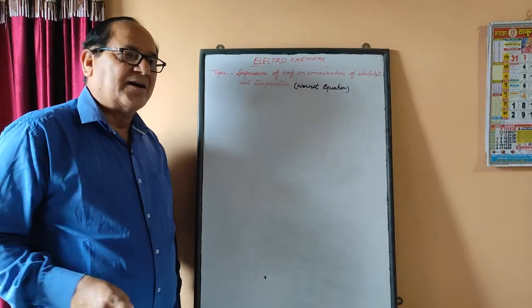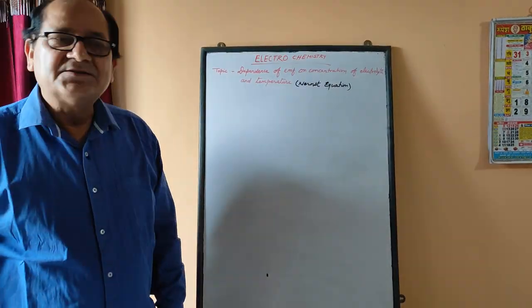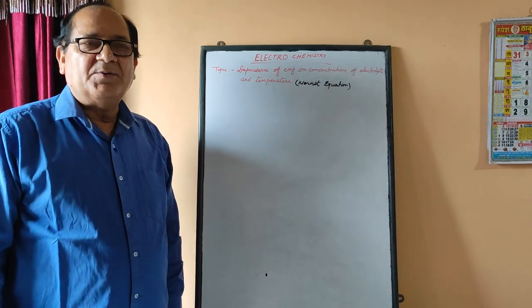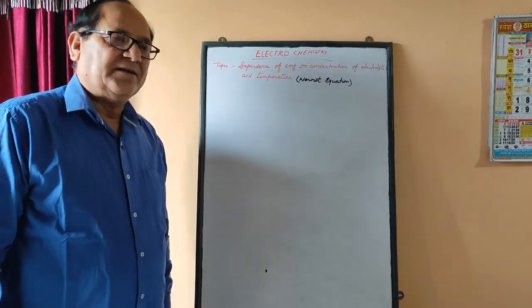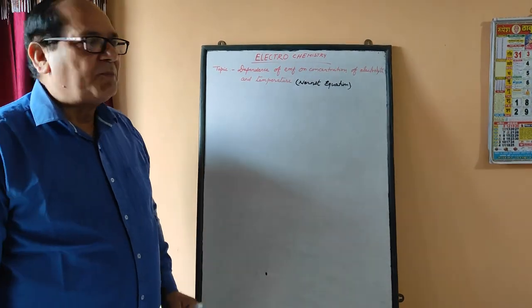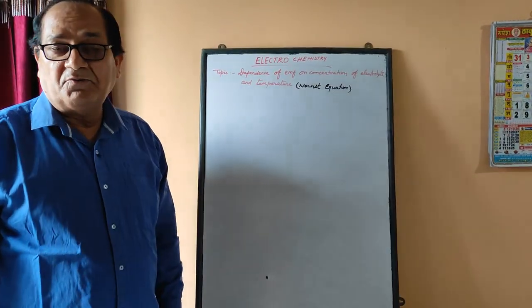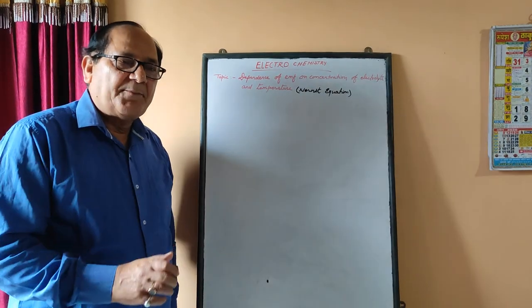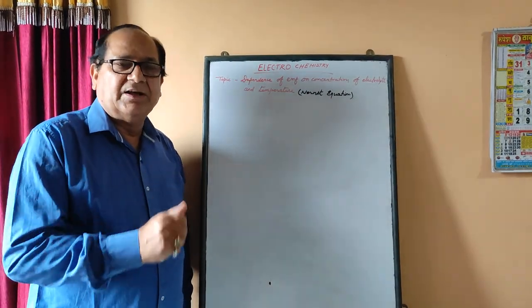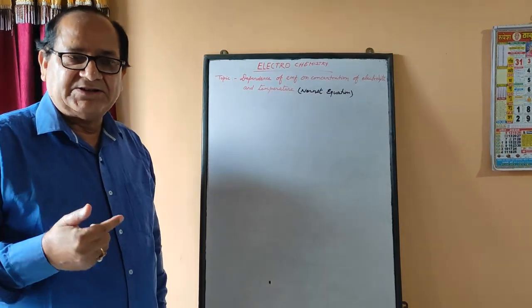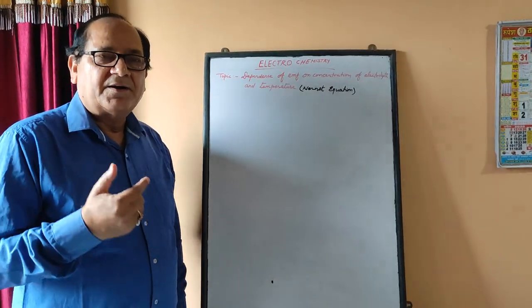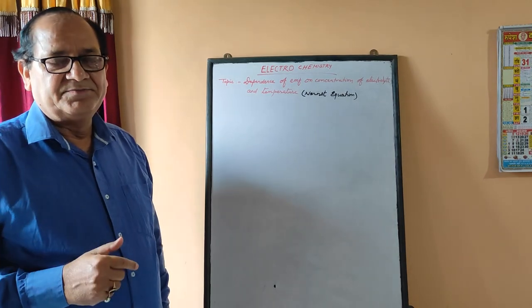In that case, the concentration of electrolyte was 1 molar and temperature was 298 Kelvin. But here, in this topic, we are going to focus on what will happen to electrode potential if concentration of electrolyte is changed or temperature is changed.